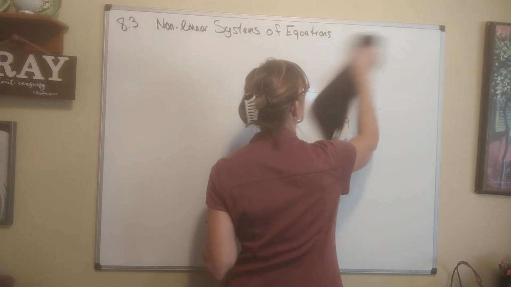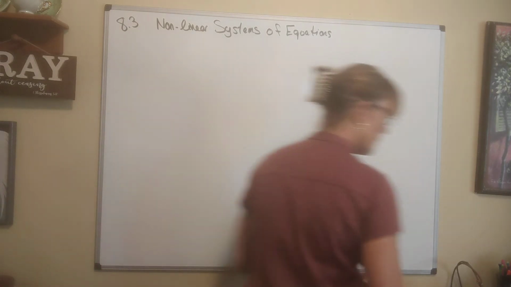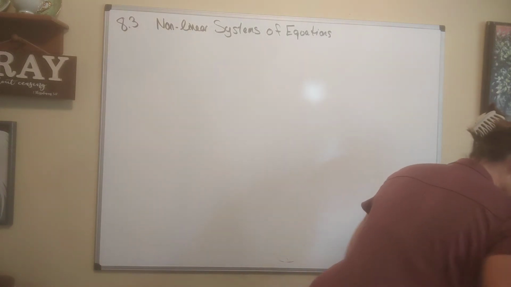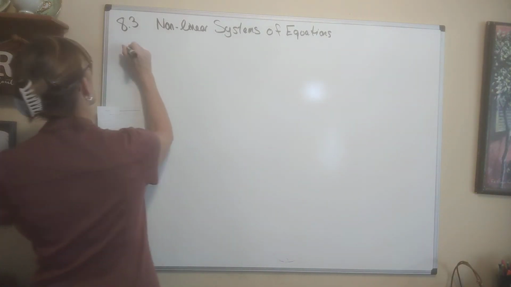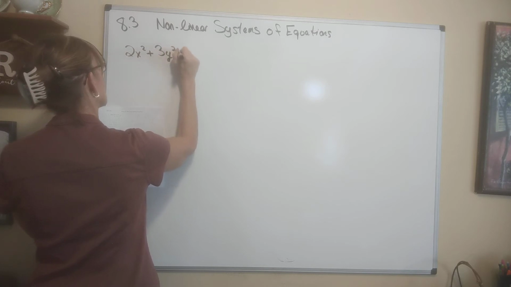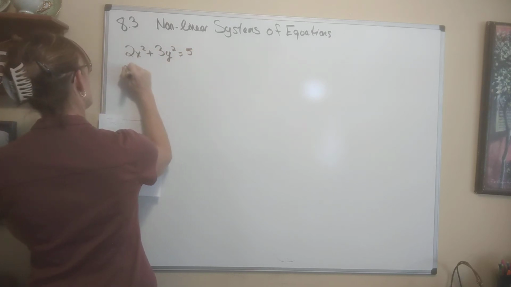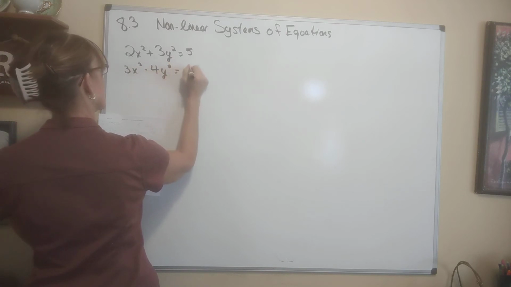Another situation with an ellipse and a hyperbola. So let's see what's happening there. Right here. 2x squared plus 3y squared is 5. And 3x squared minus 4y squared is negative 1. Okay.